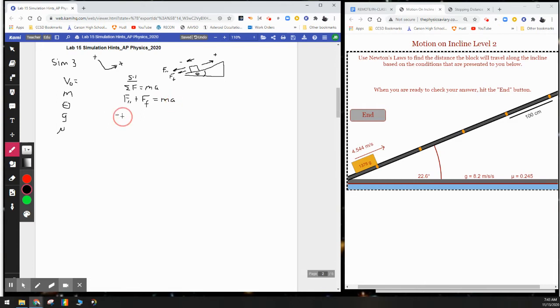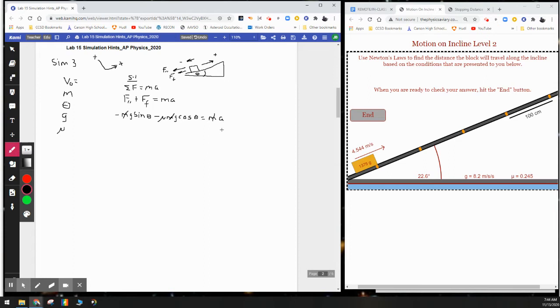So it's going to be minus mg sine theta, which is the parallel force, minus mu mg cosine theta, equals ma. Now look closely here: some things cancel out. It looks like the masses do cancel out. So this will be the first step, I need to get acceleration.